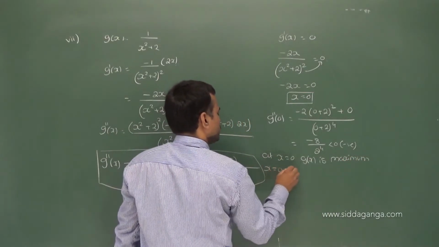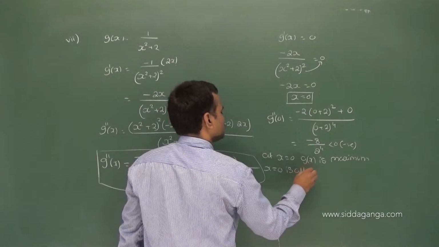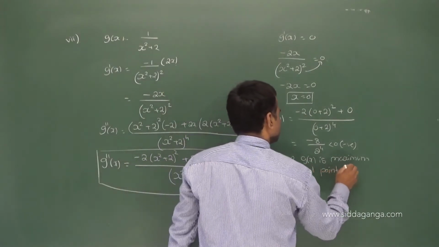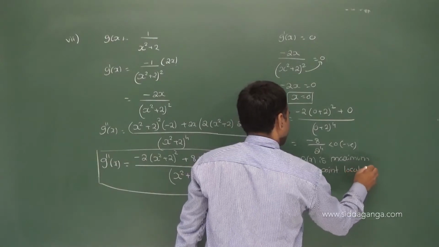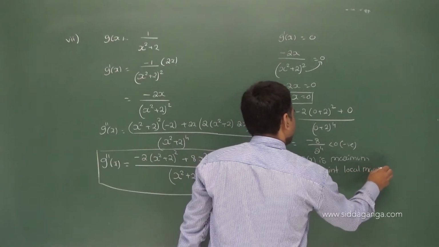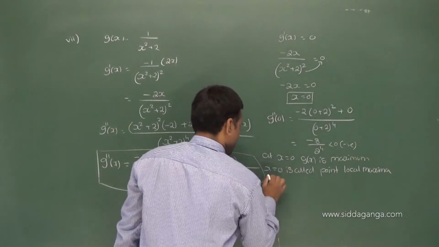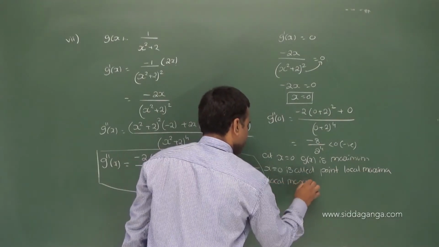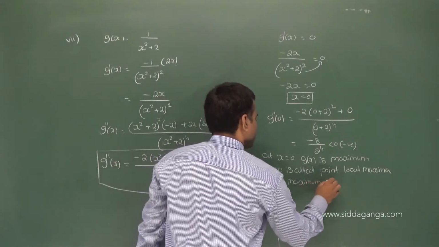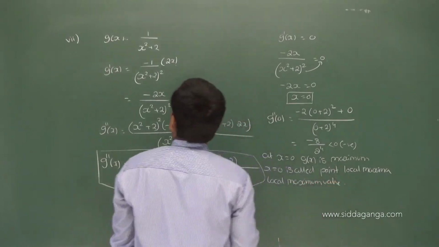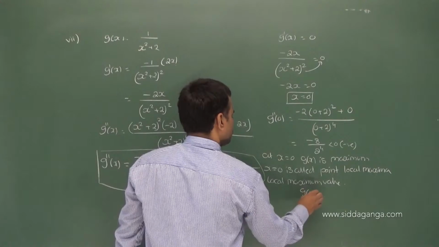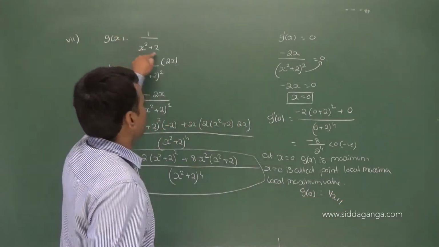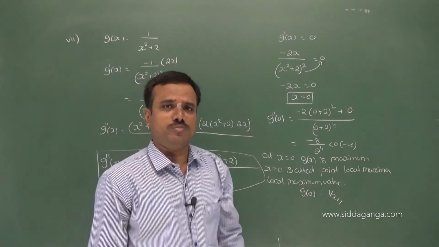x is equal to 0 is called the point of local maxima. Local maximum value g of 0 is 1 by 2, because 1 divided by 0 plus 2, the answer is 1 by 2.